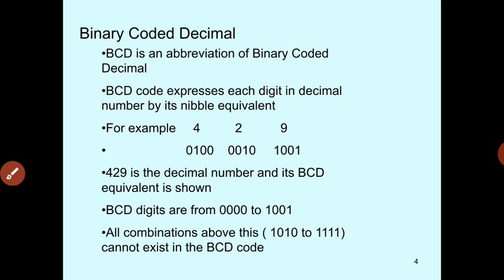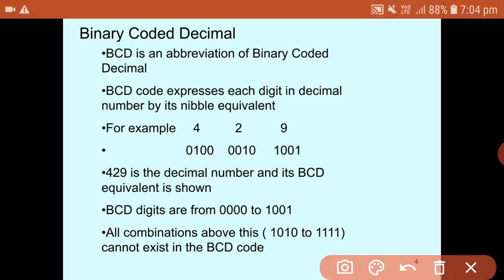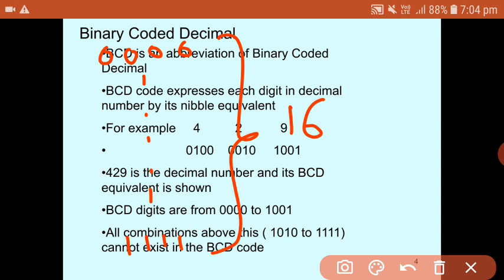As I told earlier, starting from all zeros to all ones, overall you will have 16 combinations. Out of these 16 combinations, only from all zeros to 1001 are valid BCD numbers.